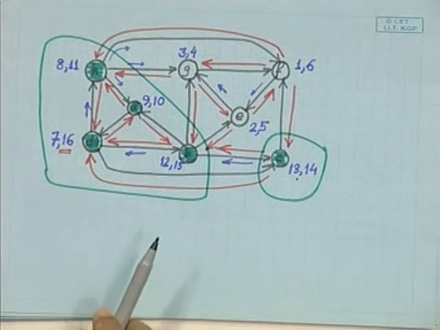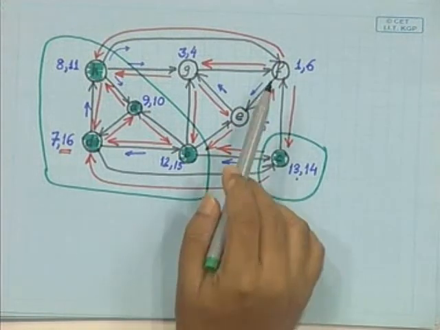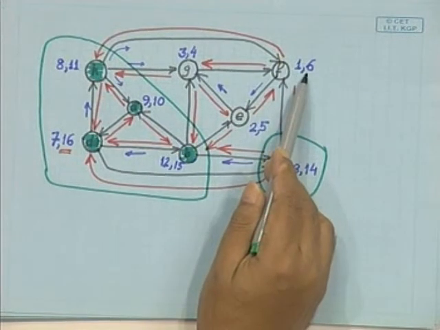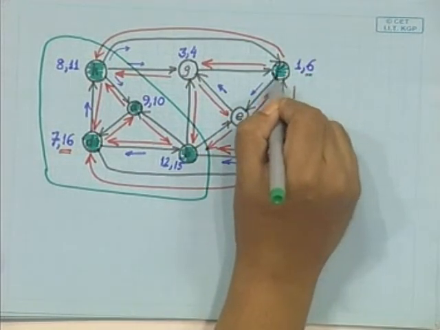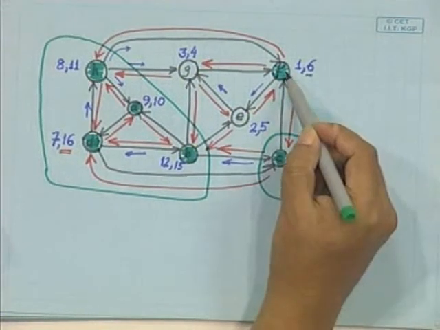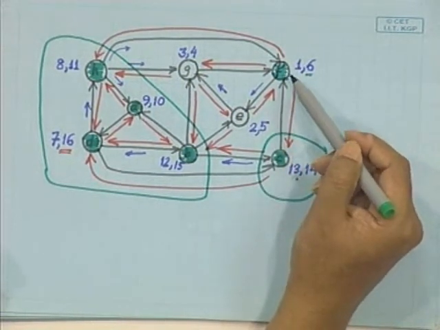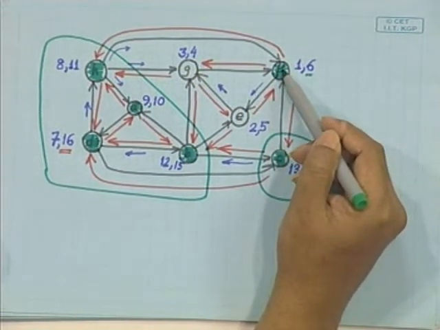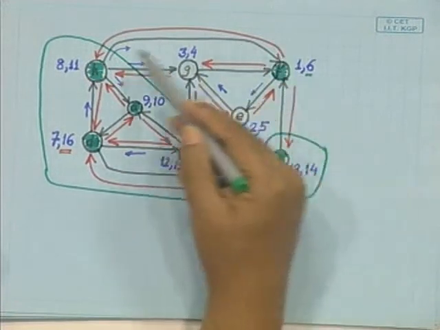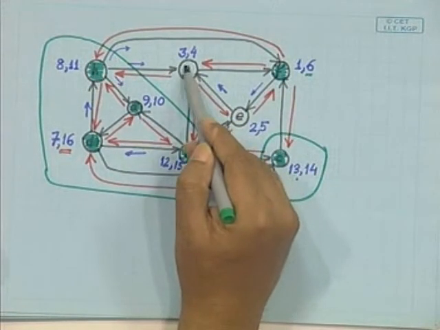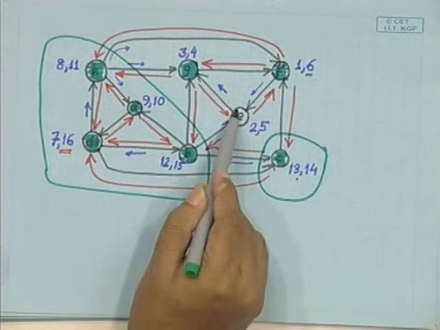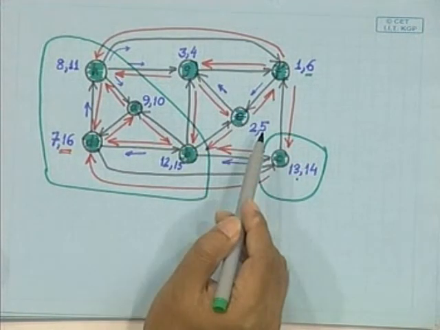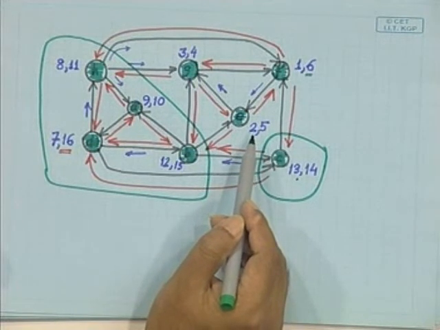Then look at the next largest numbered ones, which is the one F, right, because it has the exit number 6. So start from F. Where can we go from F? Along the red edges. This one is already visited, we can go to G. From G we can go to E, right.